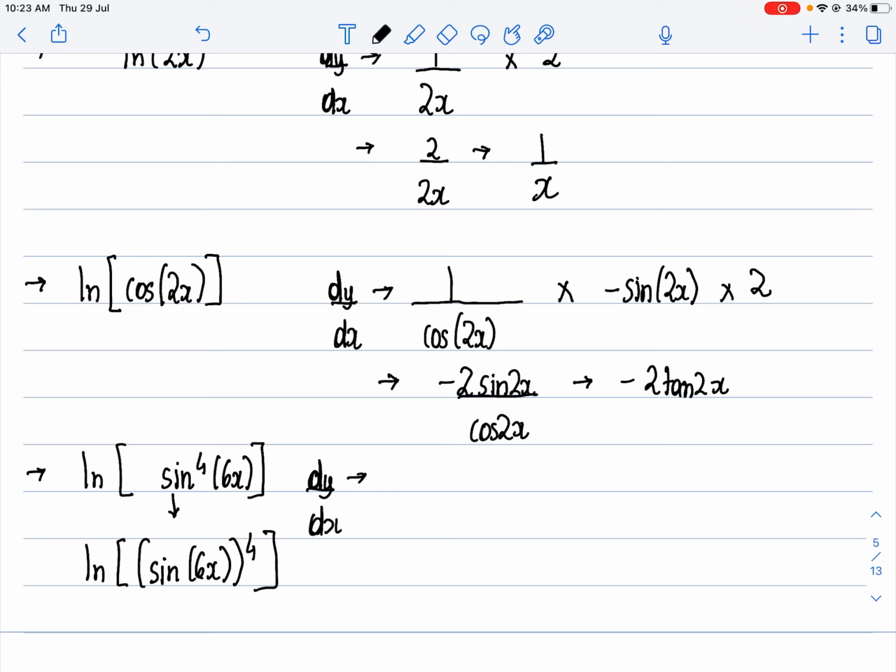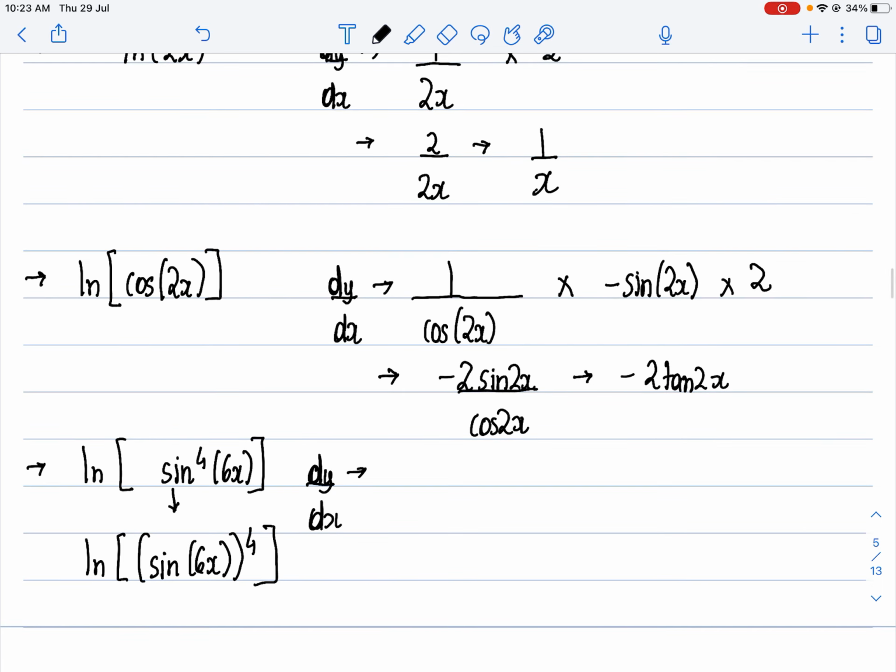So now let's go bracket by bracket. First, the differentiation of ln is 1 over x, where x is whatever is inside the bracket.